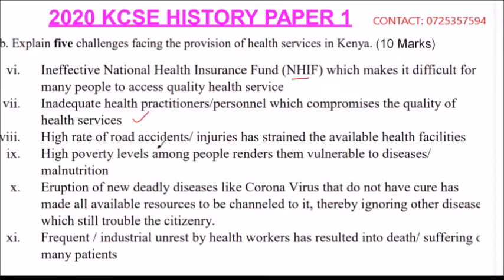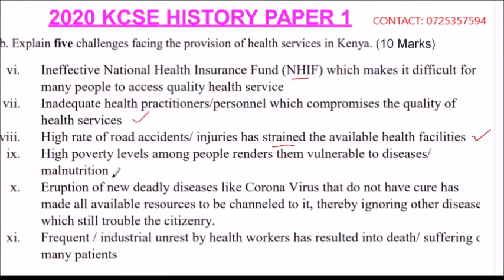Number 8, high rate of road accident injuries has strained the available health facilities. So the high rate of accidents strains our health facilities. Number 9, high poverty levels among the people renders them vulnerable to diseases and malnutrition.